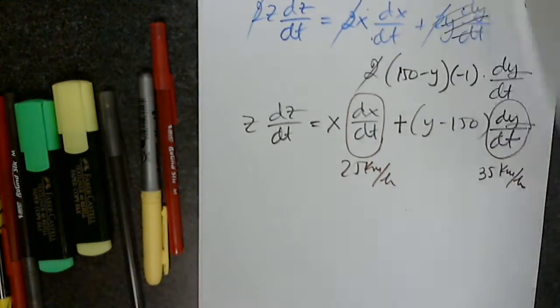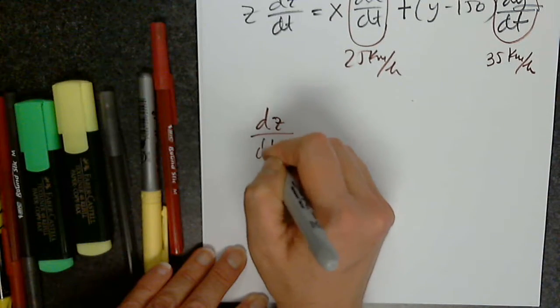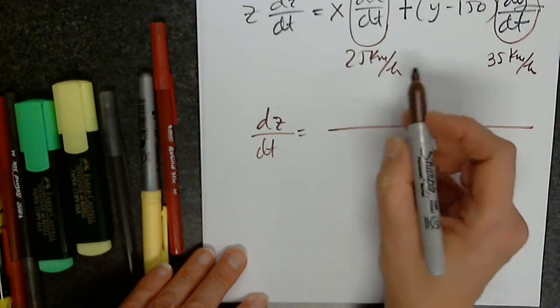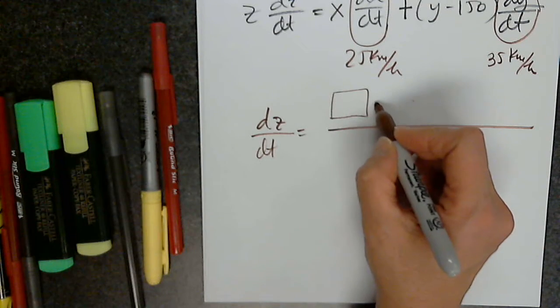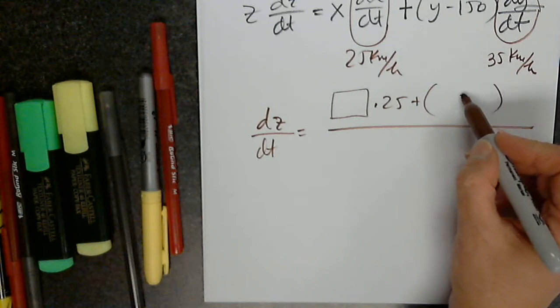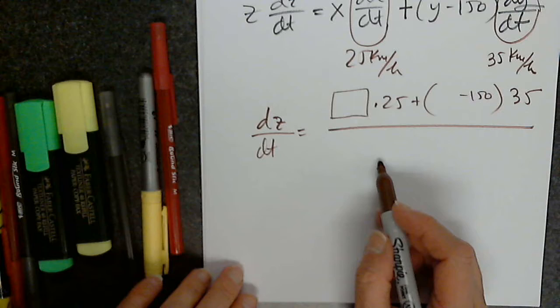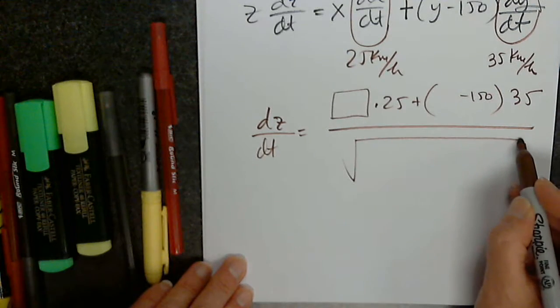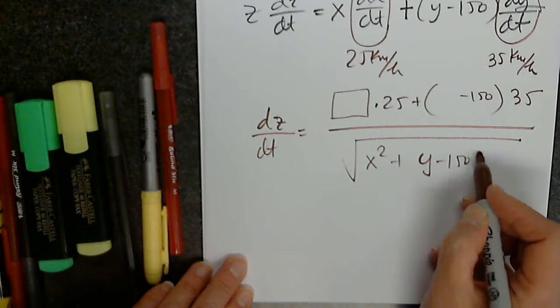Now, I do know that dz over dt equals x, I'm going to leave some space for it, multiplied by 25, plus, I'm going to leave some space for y minus 150, multiplied by 35. And I have z in the denominator, which is the square root of x squared plus y minus 150.